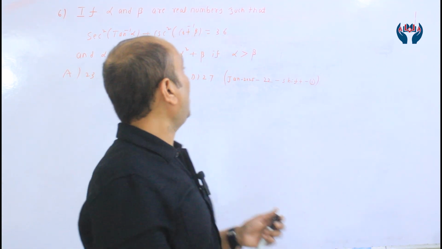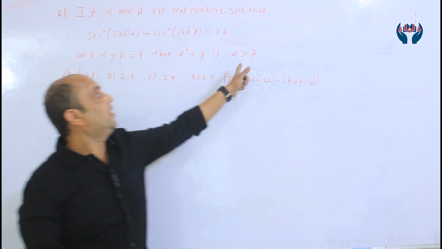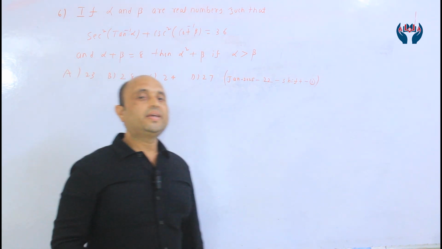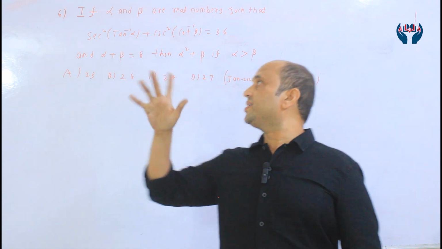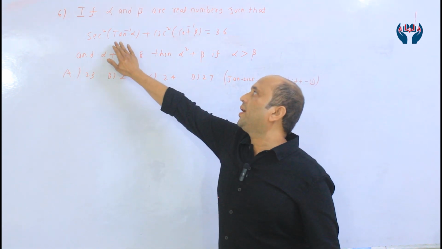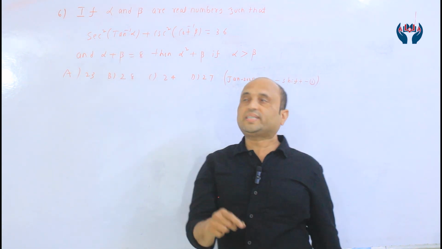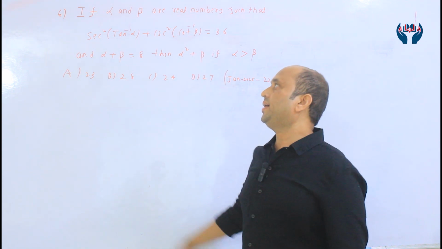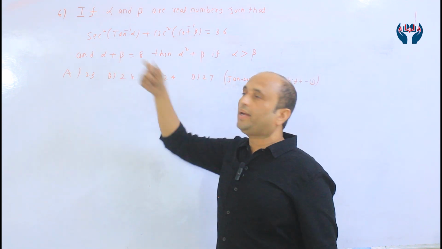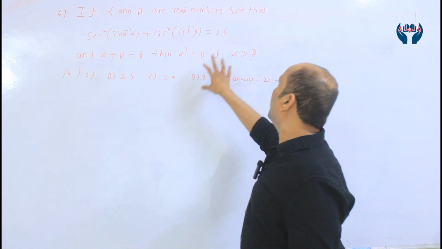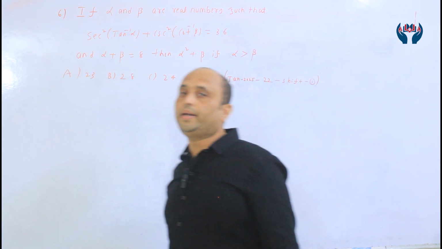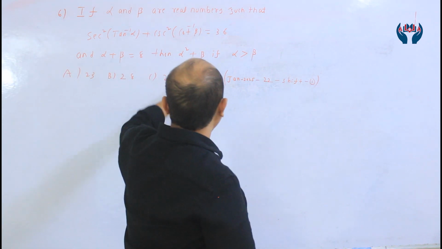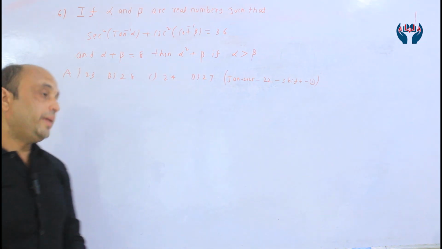Another condition is given: alpha greater than beta. Here three conditions are given. First, secant square tan inverse alpha plus cosecant square cot inverse beta equal to 36. Second, alpha plus beta equal to 8. Third, alpha greater than beta.